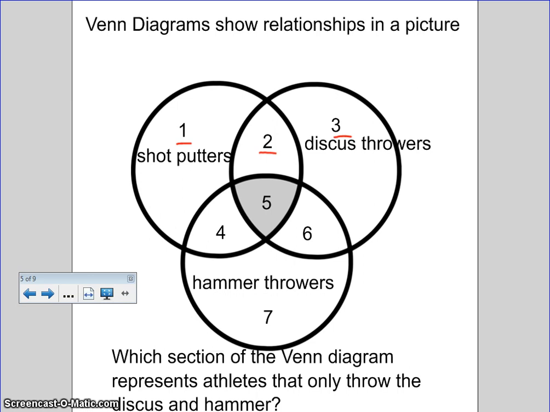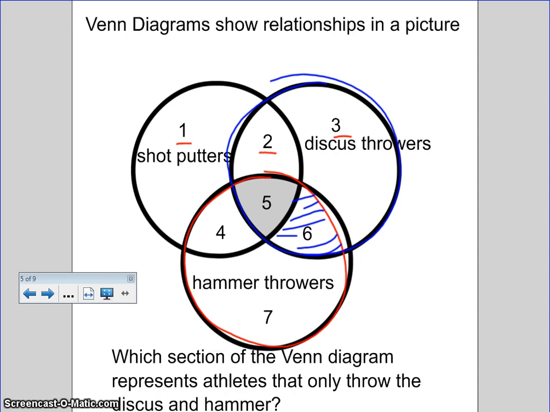So this is our hammer circle right here. This is our discus circle right here. We're looking for the overlap section of those two where there's no other implement involved. So we're talking about this area right here. So the answer would be section 6.